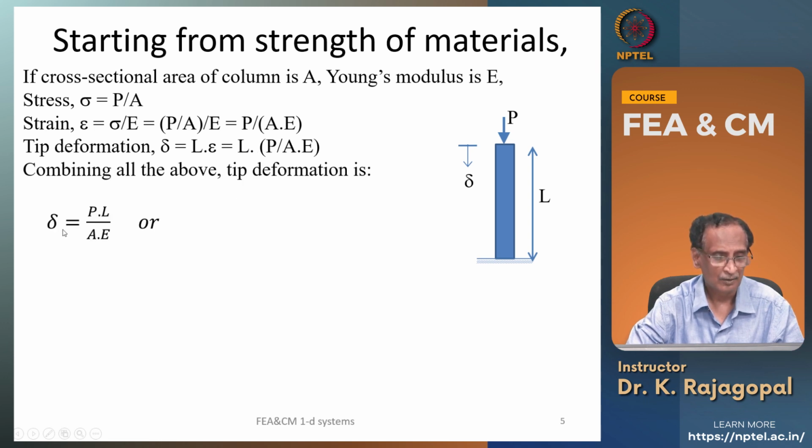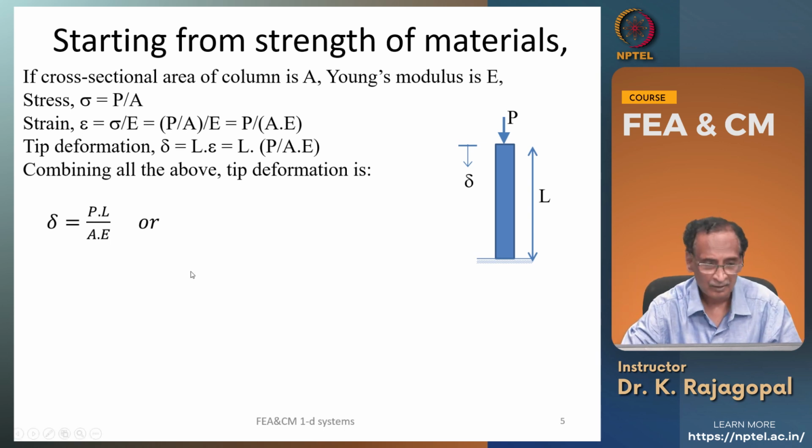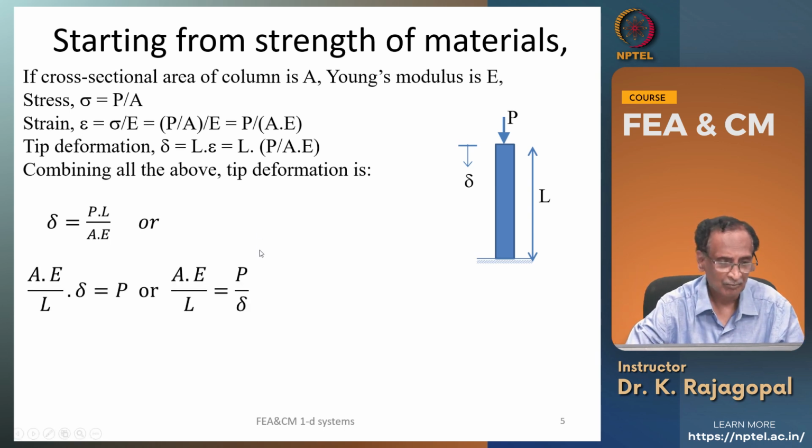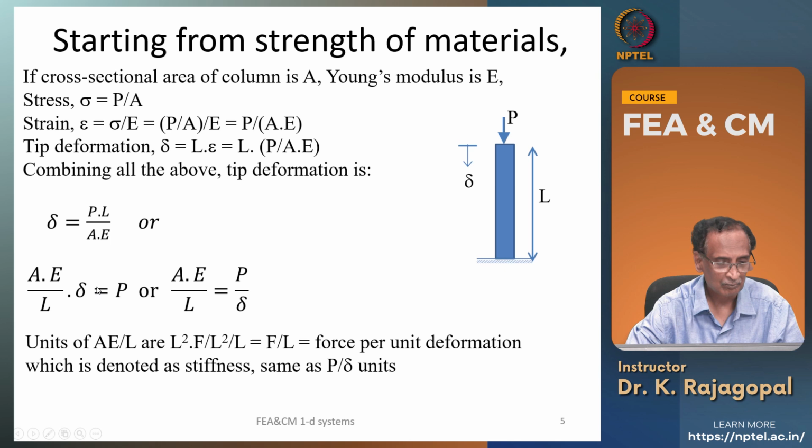Okay. And so, our delta, the tip displacement, is PL by AE, or we can also write this in a slightly different form as AE by L times delta is P, or AE by L is P by delta. And let us look at the units for these quantities.